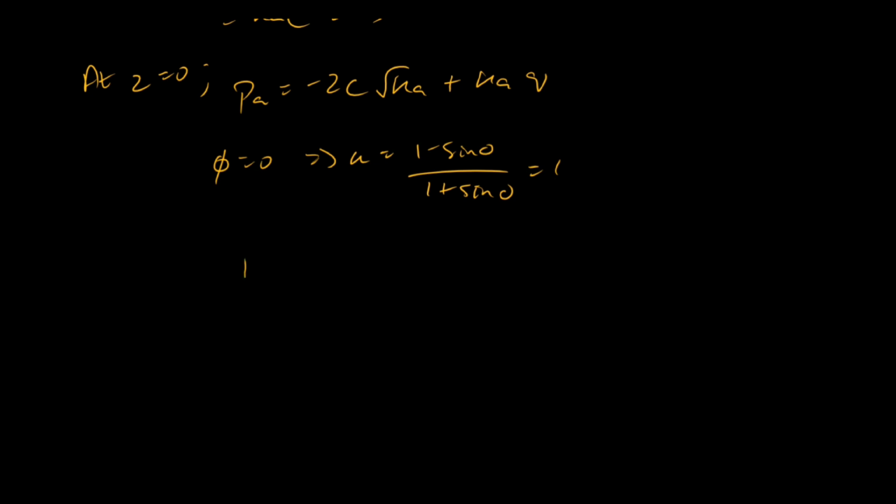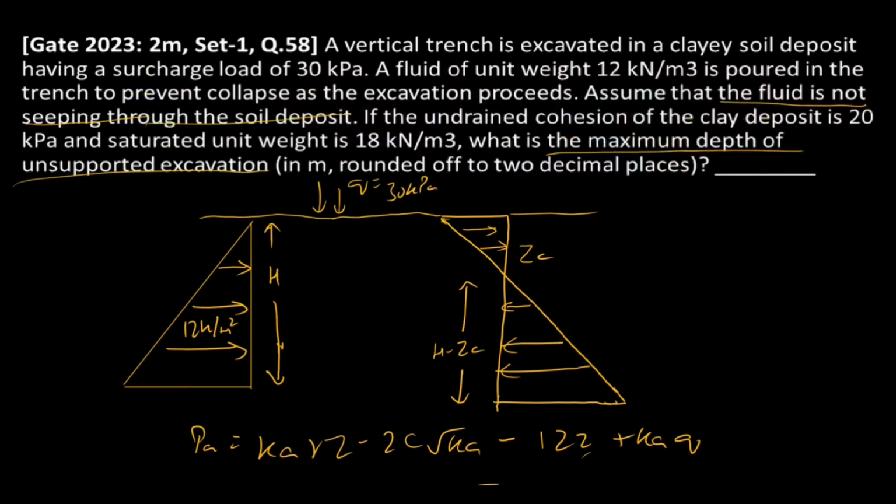Therefore, at Z equal to 0, PA will be equal to minus 2 into C, which is 20, root 1, plus Ka, which is 1, into Q. Q is 30 kilopascal. With this, we will get minus 10 kilonewton per meter square. So at the top, it is minus 10 kilonewton per meter square.